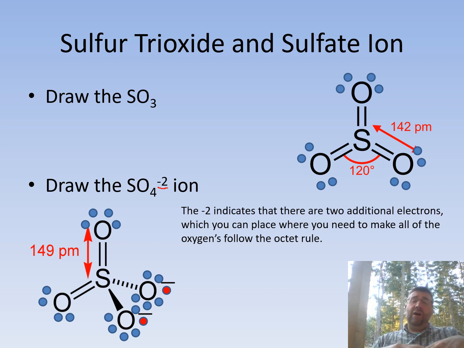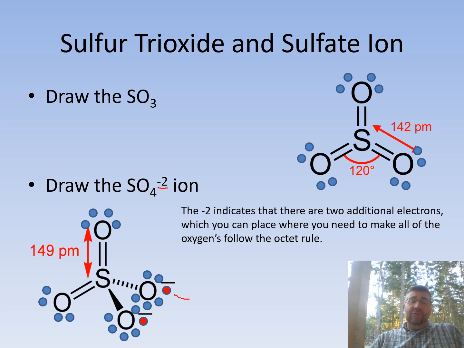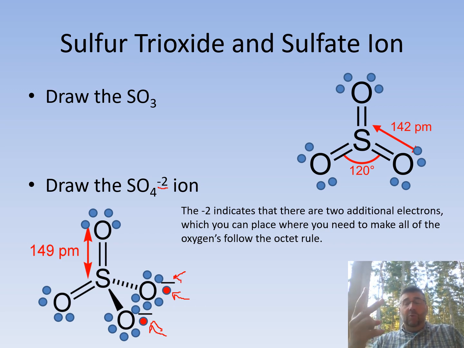They are not following the octet rule yet. However, I told you had a bonus of 2 electrons. If you were to add an additional electron to each oxygen, you get to 8. Notice that it will then give it a negative charge. And since we're doing it to 2 oxygens, that becomes 2-. So if you add an electron to try to make an element follow the octet rule, that's going to become a negatively charged ion.